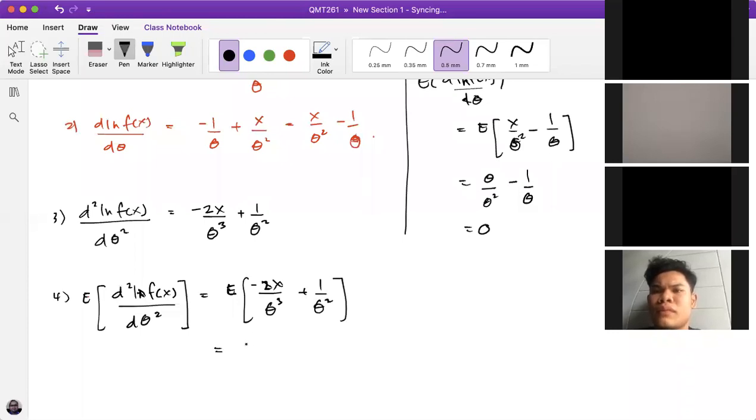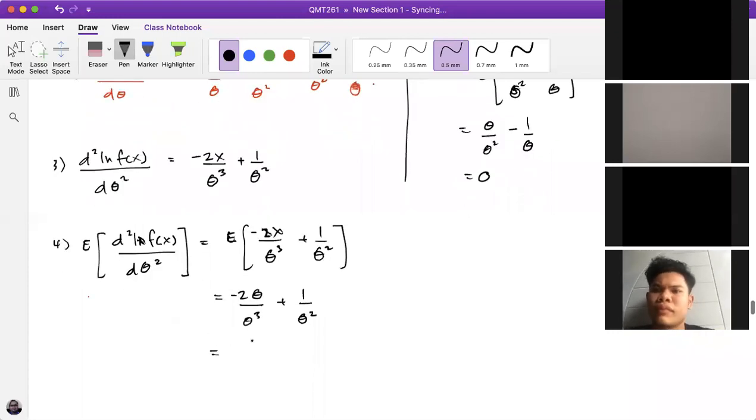So this is negative 2 theta divided by theta to the power of 3 plus 1 over theta to the power of 2. What is the value here? Negative 2 plus 1, so it is negative theta divided by theta to the power of 3, which becomes negative 1 over theta to the power of 2.